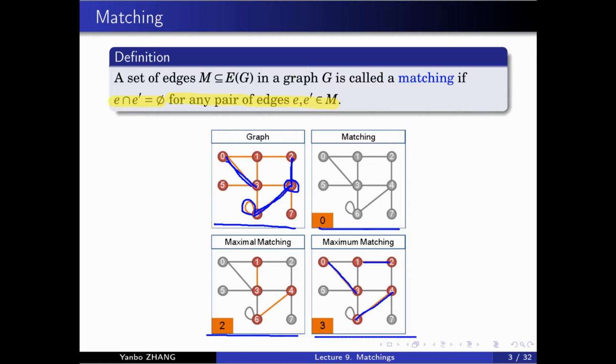This is not the only maximum matching. We can find another maximum matching. For instance, the edges 0, 1, 2, 4, 3, 5. These three edges also form a maximum matching.